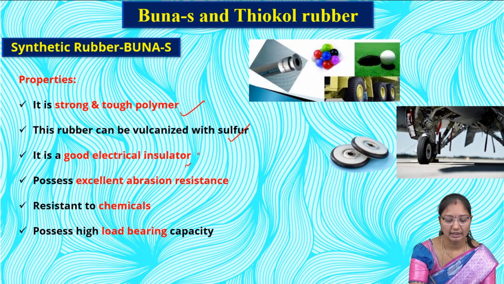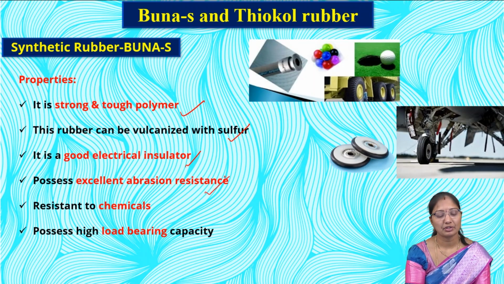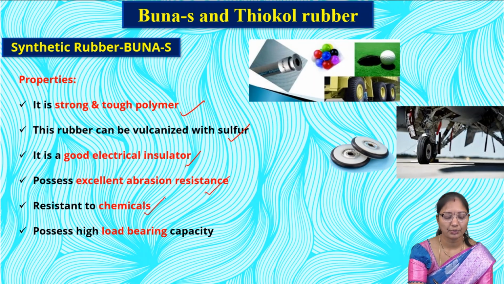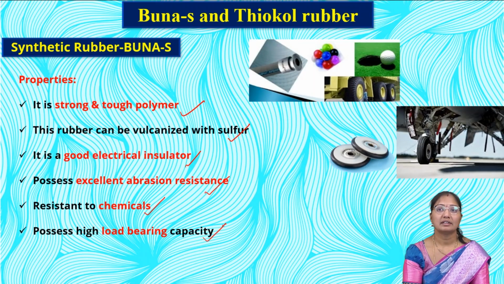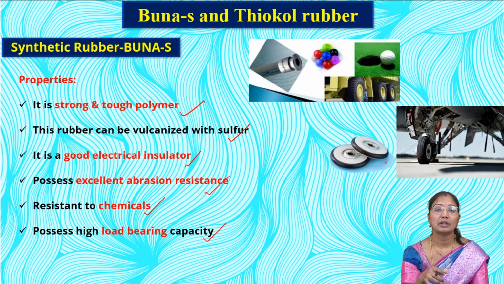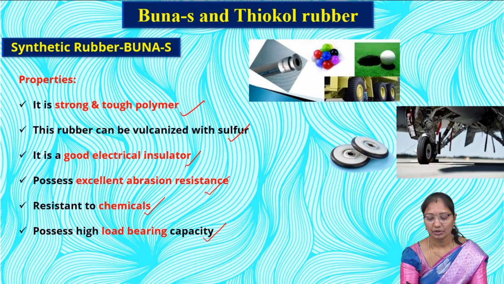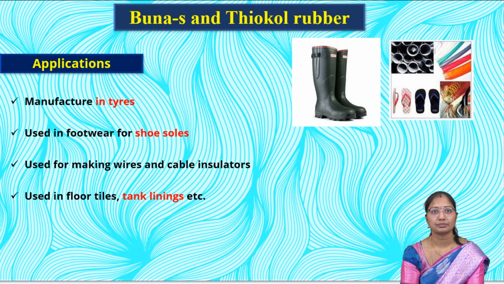It is a good electrical insulator and possesses excellent abrasion resistance, resistance to chemicals, and high load bearing capacity. This is why it was used in aeroplane tires. So the load capacity of these rubbers will be very high. On the wheels, this rubber was used for heavy load vehicles.